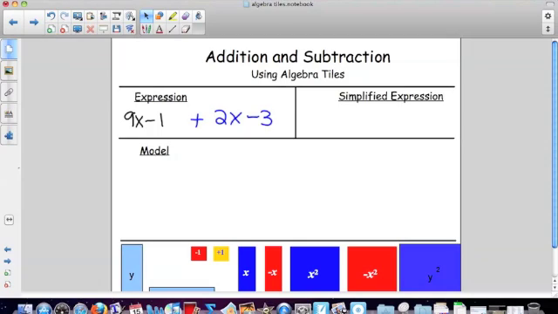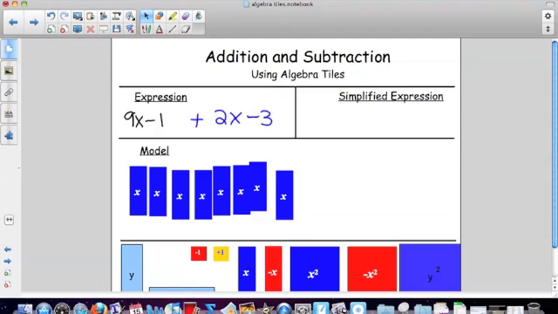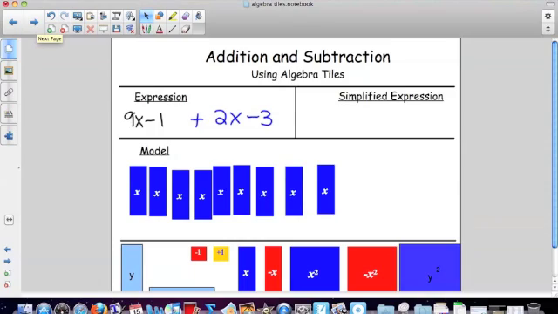But in your Unit 3 guide and somewhat in your Unit 4 guide, you're going to be expected to use algebra tiles. So because I have a positive 9x, basically I'm going to just draw 9 of these. 1, 2, 3, 4, 5, 6, 7, 8, 9. And notice that they're all the same color because we have a positive value, okay?